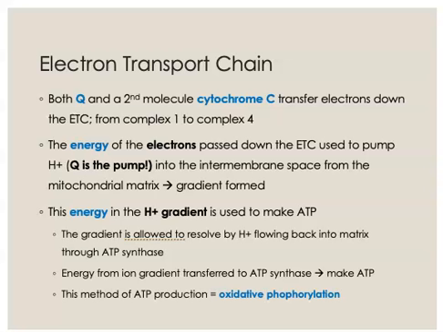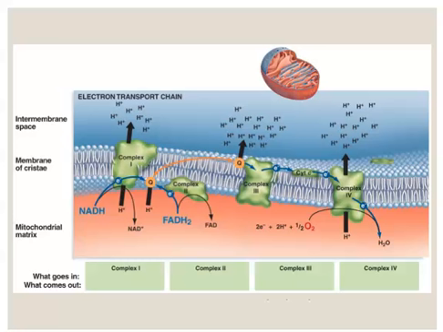Now there's one more molecule we need to know about, and that's cytochrome C. Cytochrome C is a little bit like Q in that cytochrome C is going to help to transfer electrons between the protein complexes in the electron transport chain. If we go back to the picture we just looked at, you can see cytochrome C right here.